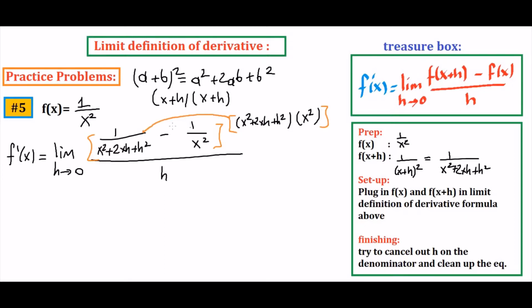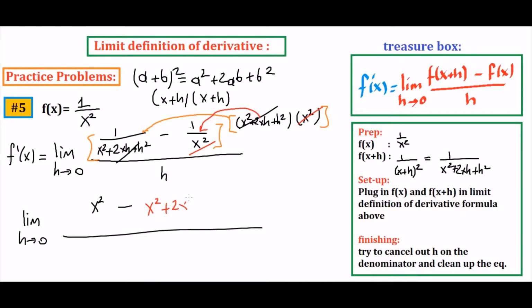So the common denominator times the first fraction gives us, this cancels that, 1 times x squared, which is x squared, minus the common denominator times the second fraction gives us 1 times x squared plus 2xh plus h squared, and everything all over the common denominator, which is x squared plus 2xh plus h squared times x squared, and everything is all over h.